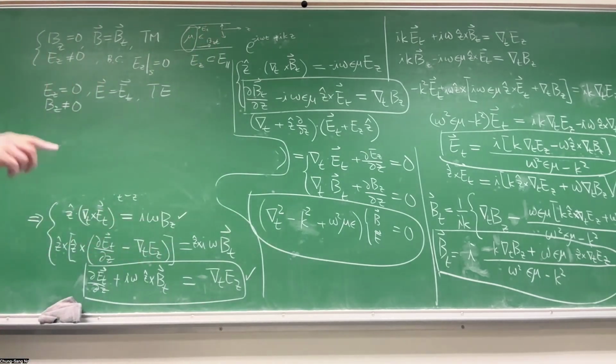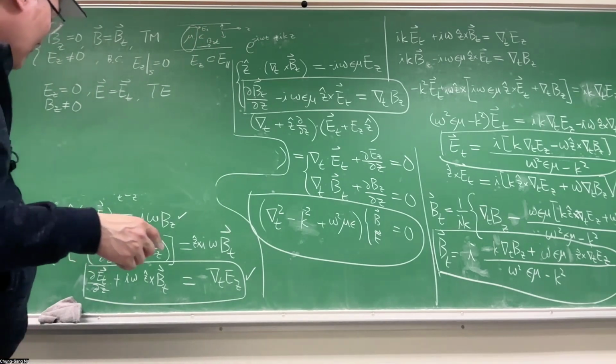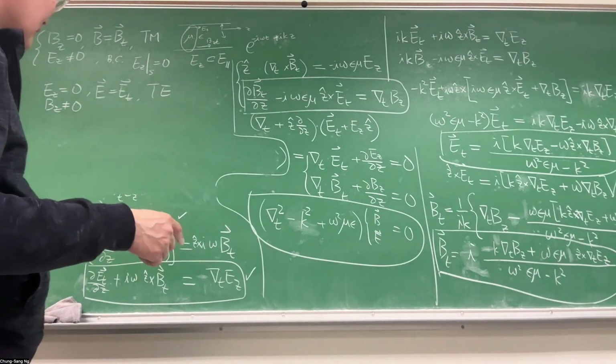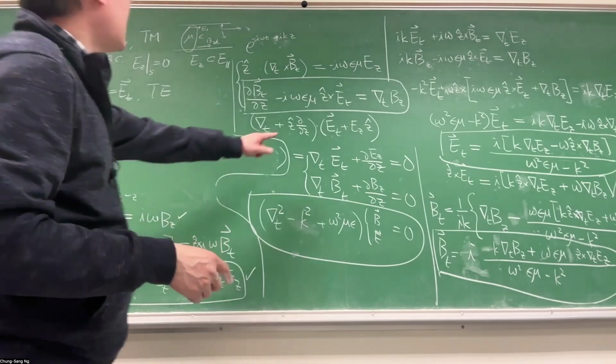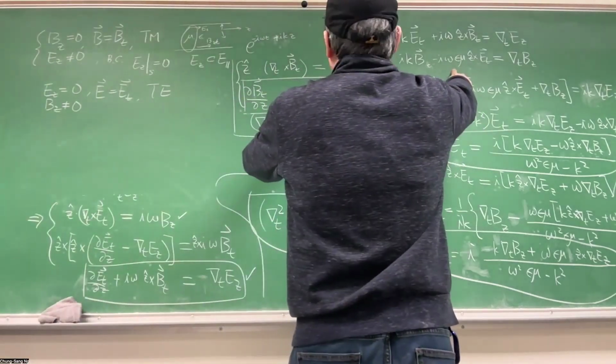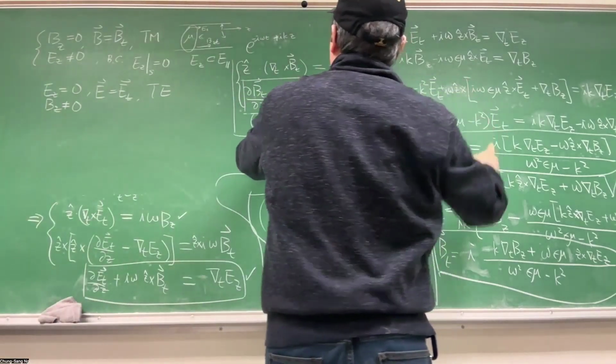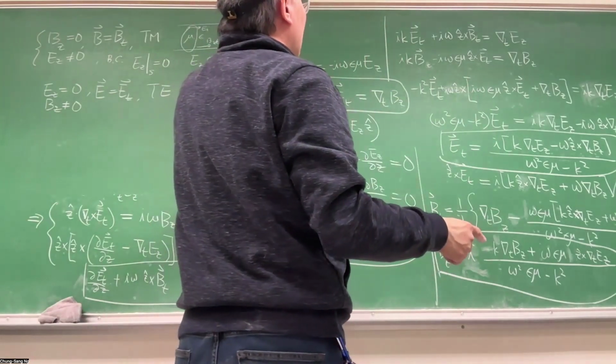Now the boundary condition for this one is slightly more complicated. You actually need the equation involving B sub z, either this equation or this equation. It's basically the same. Doesn't matter, right?